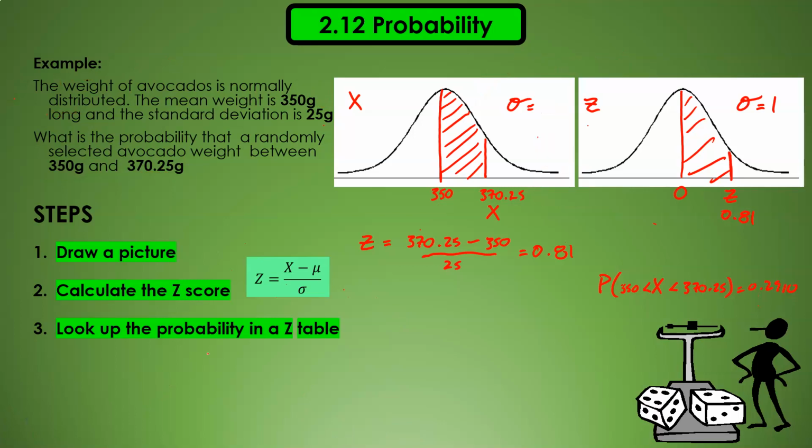There is one last step that we have to look at, and it's usually the one that's forgotten the most. What you need to do is make sure you write the probability in context. We have a context about the avocado weight, so we need to make sure our answer is given that way.